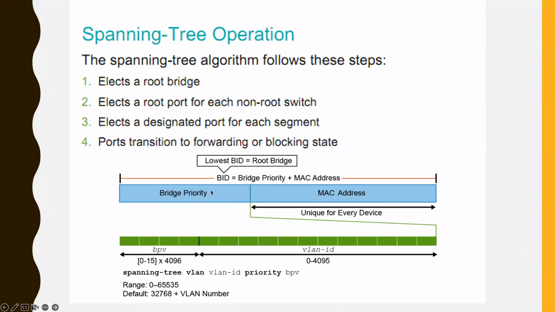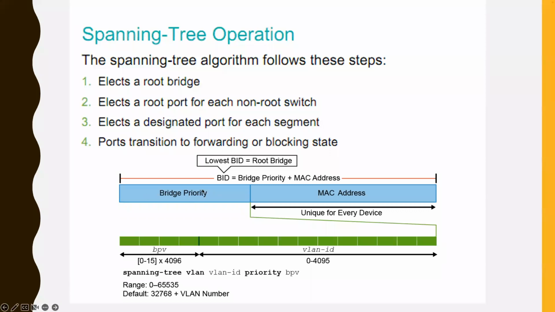But your bridge priority can be changed. In STP, the lower value is the preferred one, be it the bridge priority, the MAC address, or any other configuration. The lower one will be the preferred one.